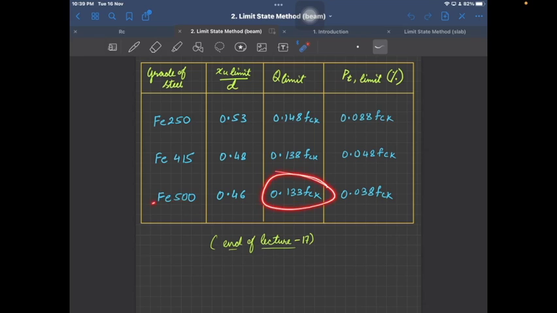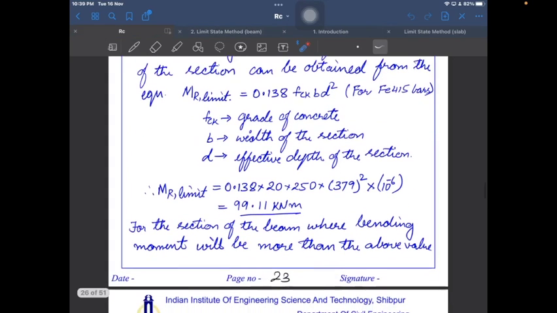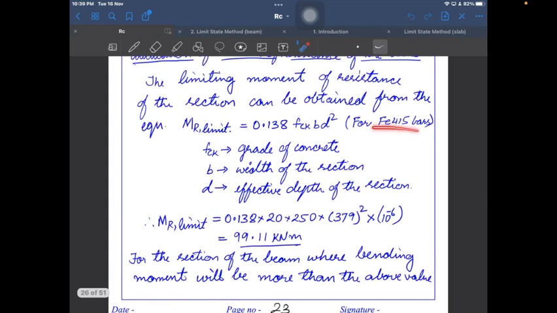So based on your grade of steel you have to use these formulas. For me it is 415, so I have used this formula. We know fck, we know b, we know d. Using all these we calculate the moment of resistance, which is the limiting moment of resistance.